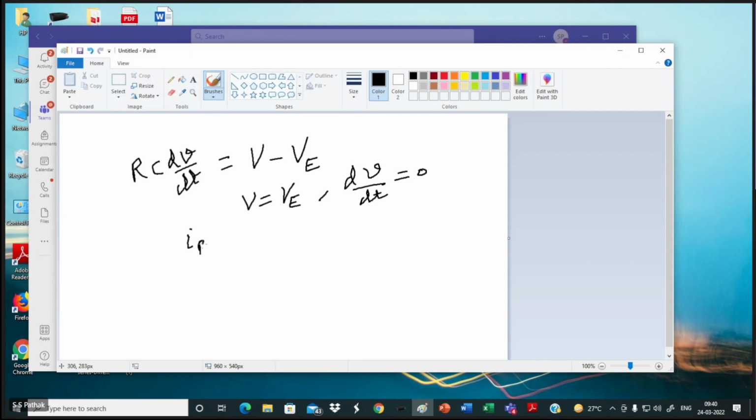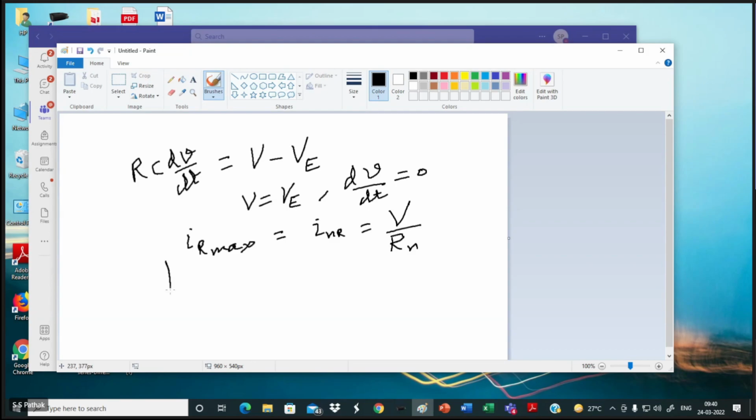Now coming to the current, IR maximum will be equal to the current passing through the negative resistance. That will be your V divided by negative resistance Rn.